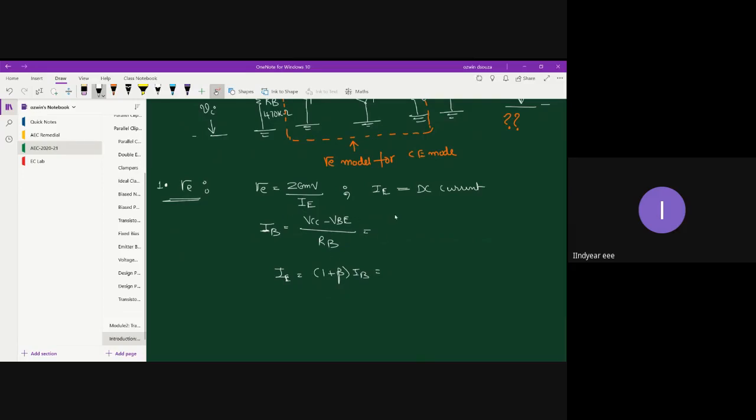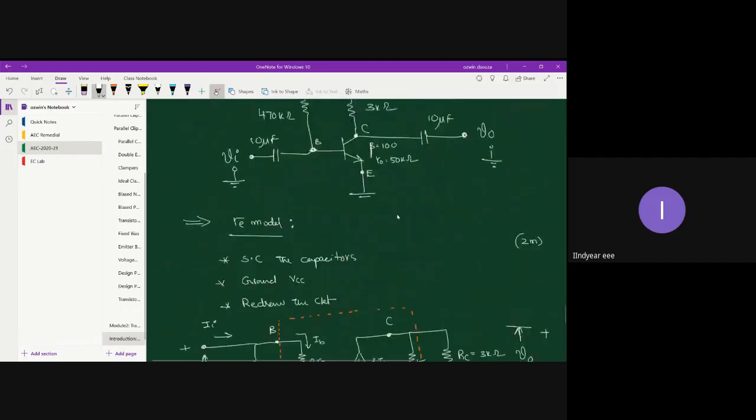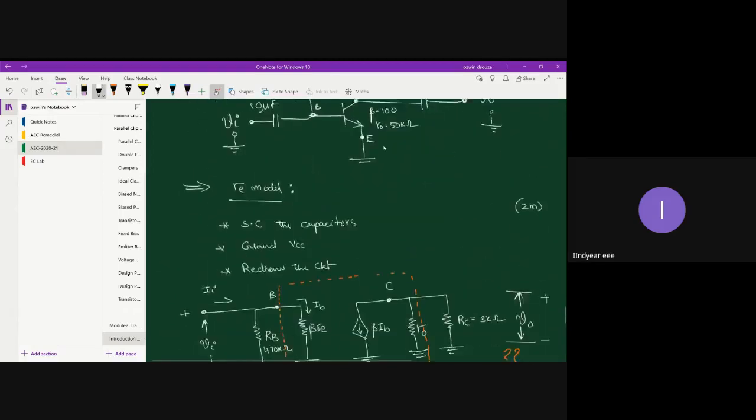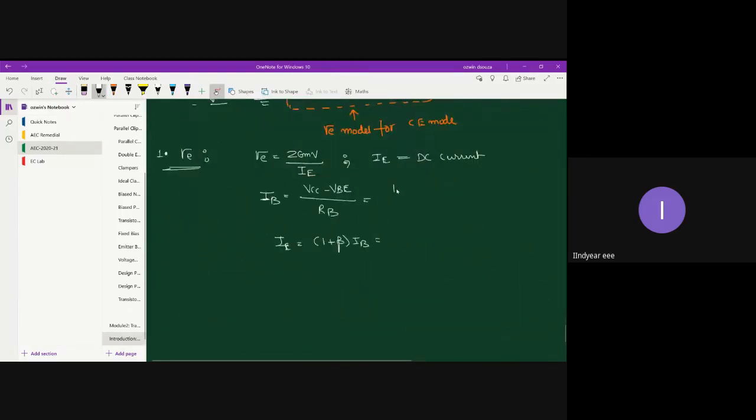VCC is 12 volts. So IB is 12 minus VBE, given or not given, let us assume a silicon transistor, divided by RB, which is 470 kilo. Here I want to make a point. If given, take the respective transistor, whether silicon or germanium.